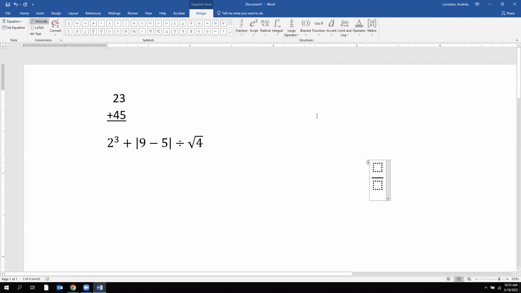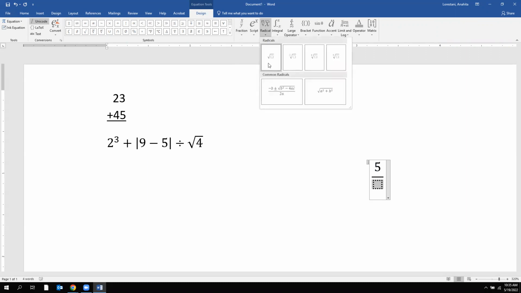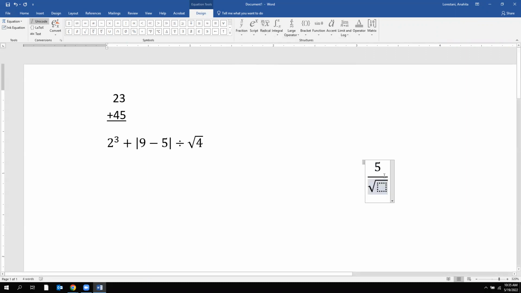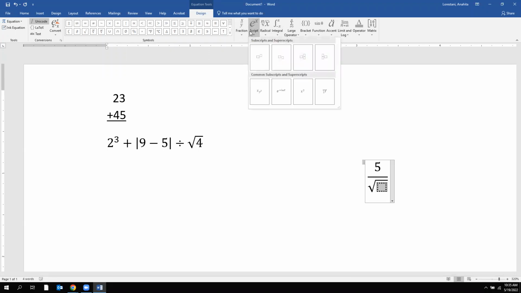And then I click on that. And then I want to have 5. And then take the cursor to the denominator. Take a radical. Go to this and type x to the power 2. To get x to the power 2, you just go to, again, script.